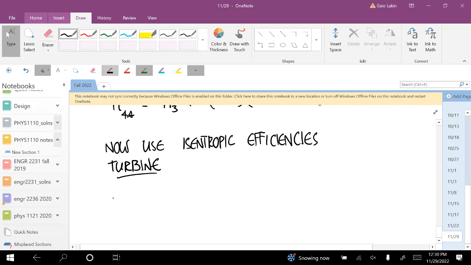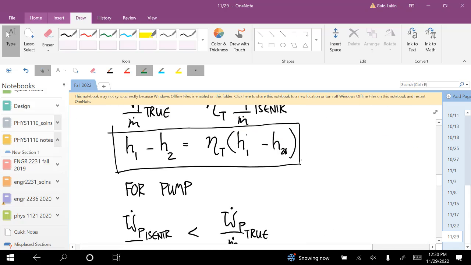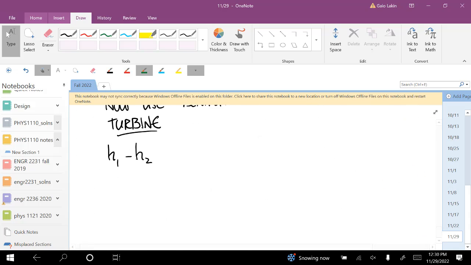So H1 minus H2 is equal to 0.8 times H1 minus H2S.